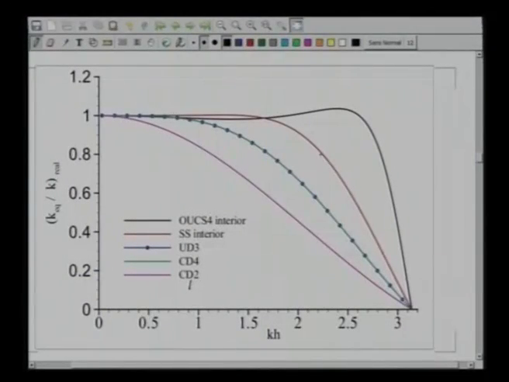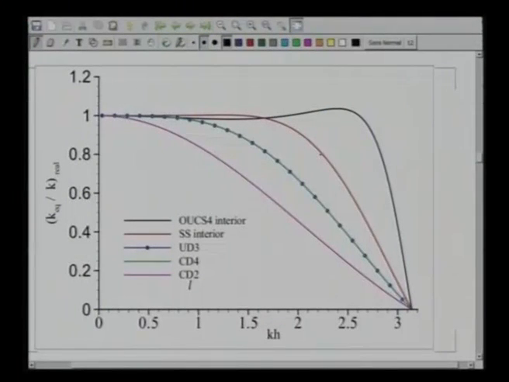However, this k equivalent by k that we have plotted here against k h, this performance parameter, is better than if you would have taken a CD8 scheme. That is what we want, because you have taken a 9-point, and what you really want is a benefit more than you could get with a CD8 scheme.